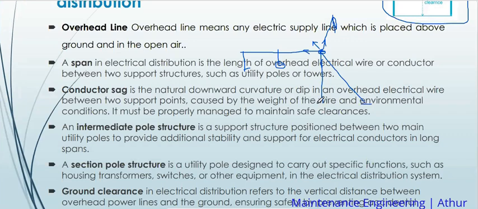Now this is a pole. Let me explain this one from here and we finish it from here. You see this stay wire here, it is also a terminology on its own. I was here explaining the intermediate pole. I explained the section pole, which is this one. Now I'm explaining about the stay.